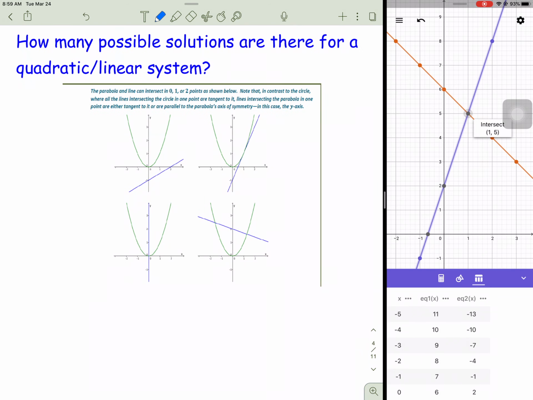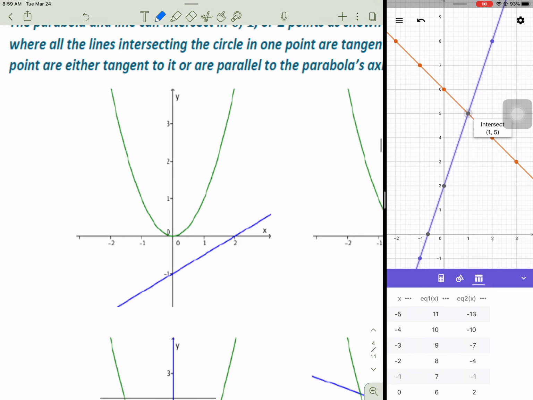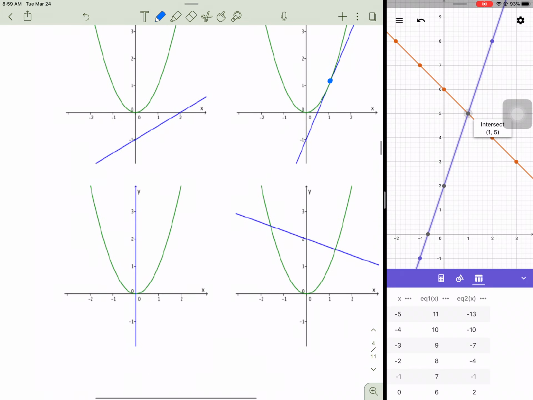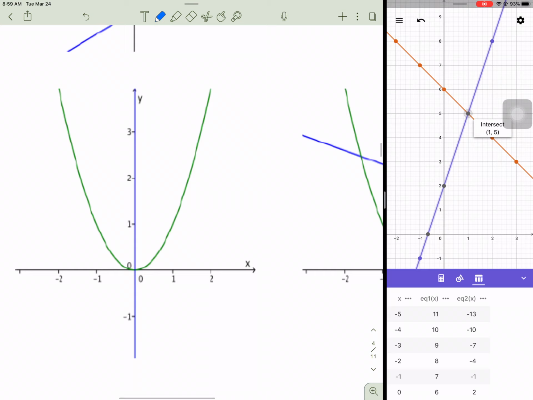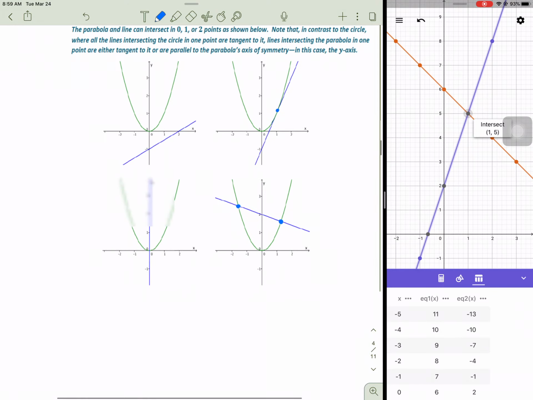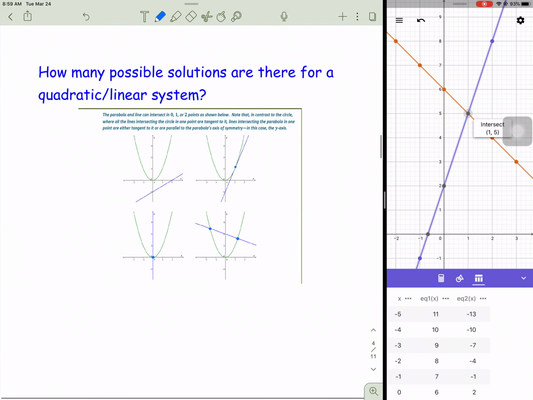What about a parabola and a line? No solutions. One, where the tangent line lies exactly on it. Or, if you see the vertical line here and the parabola intersect at one point, or you could have 2. So different options for different types of graphs.